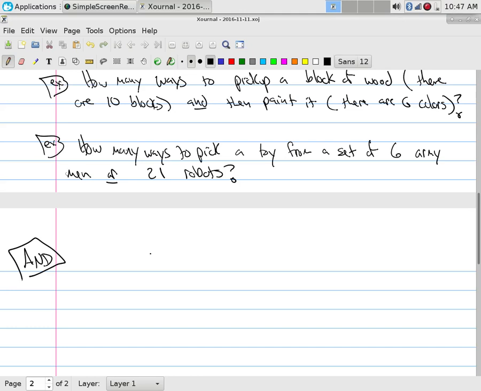The task has not been completed until you have picked a block and then painted it. What I've actually formed is an ordered pair: take a block and then pick a color. That's one unique object. I picked a star piece of wood and I painted it blue. So star blue is actually one new thing.